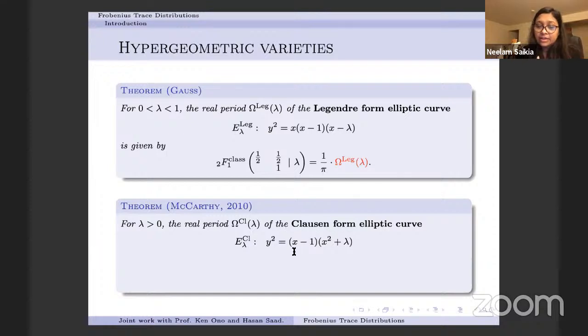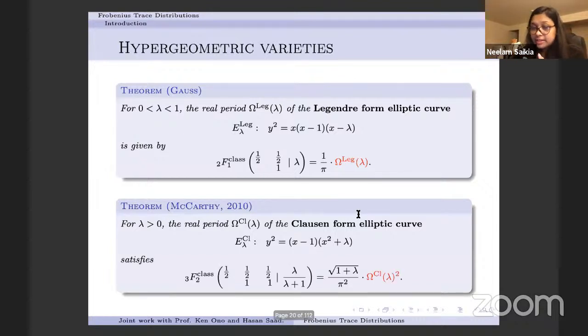McCarthy studied this Gaussian form of elliptic curve, and he obtained that for lambda greater than 0, the real period of this elliptic curve can be expressed in terms of this 3F2 hypergeometric function. Actually it is not quite right to say that the period is related to this hypergeometric function; in fact, the square of the period is related to this 3F2 hypergeometric function, and it is much more difficult because the square is related to it.